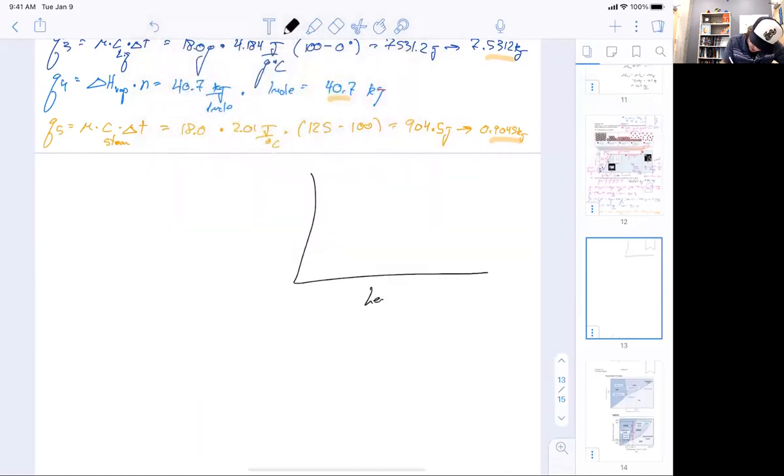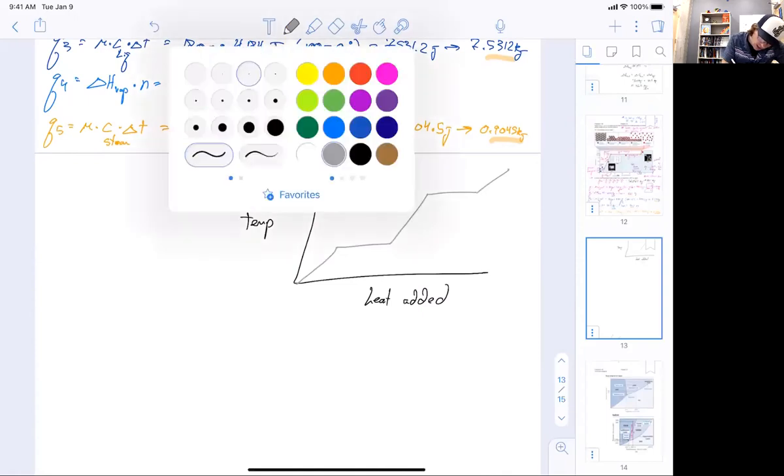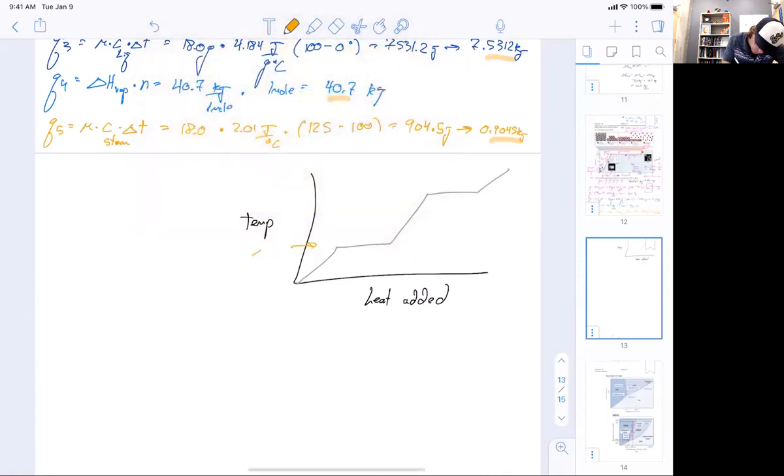You've got heat added on the X, and temp on the Y. And you should remember that it's 5 lines, and it starts with the solid warming, then melting, liquid warming, boiling, gas warming. So up, flat, up. Those are the 5 stages all matter will go through, unless, of course, it's subliming or coming back, fusing.